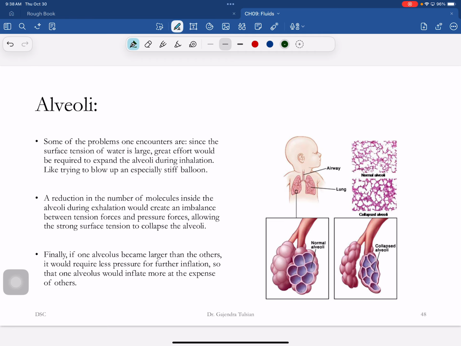You've got to make it easy enough to blow up, but you've got to worry about it not bursting. To make it easy to blow up, you make it soft. But if you start off with a soft alveolus and blow it up, it's going to burst. How are you going to fix that?